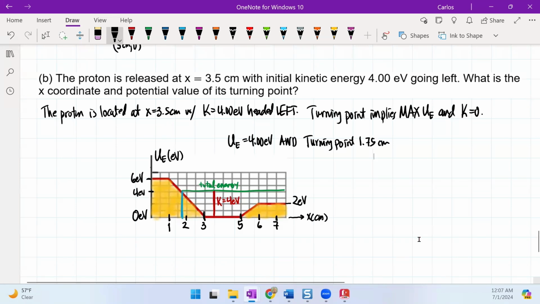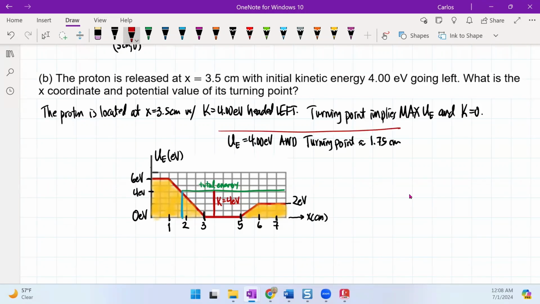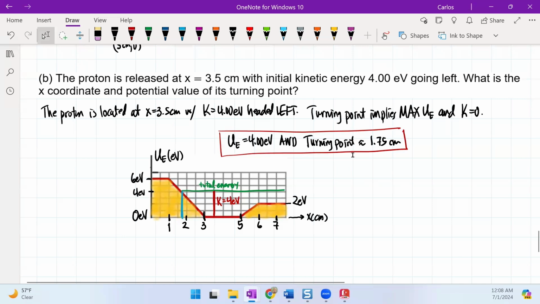And you know what? I think I'm going to move this over a little bit. It looks pretty close to 1.75 centimeters. And I'm going to say that's what they're asking for right there.